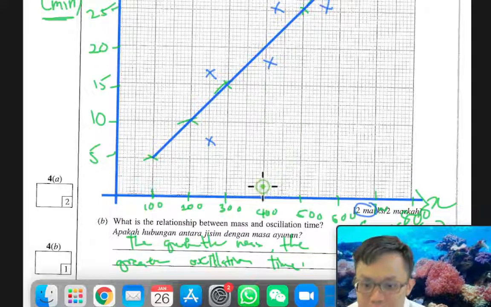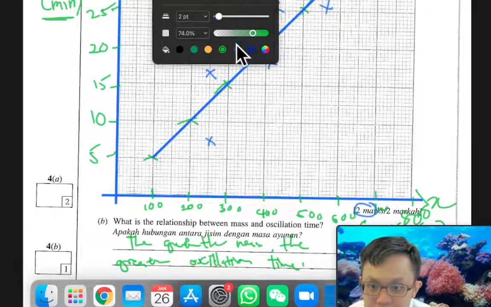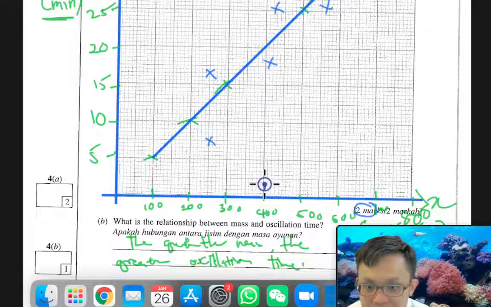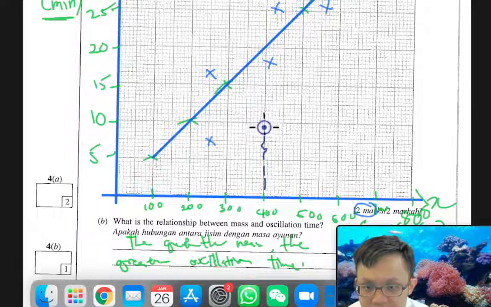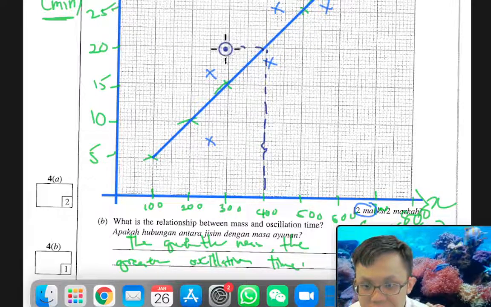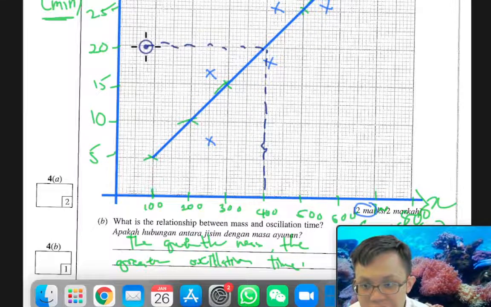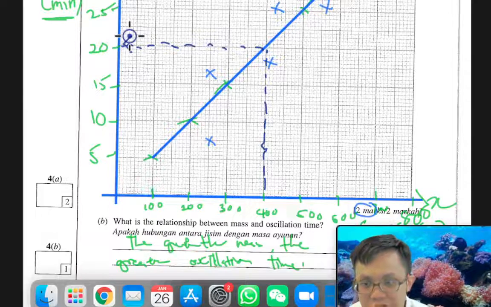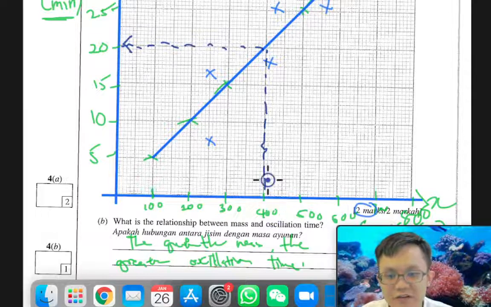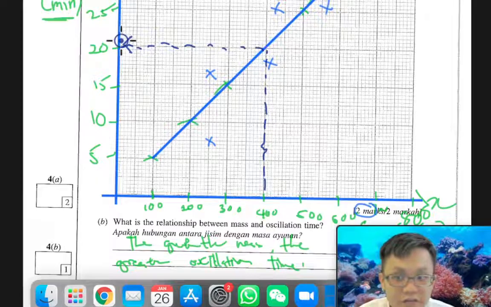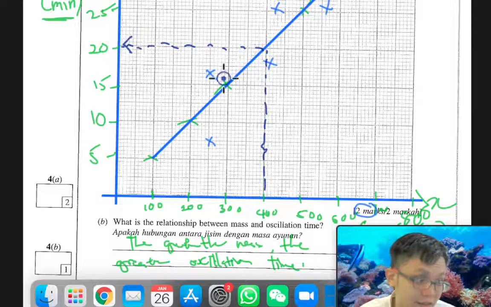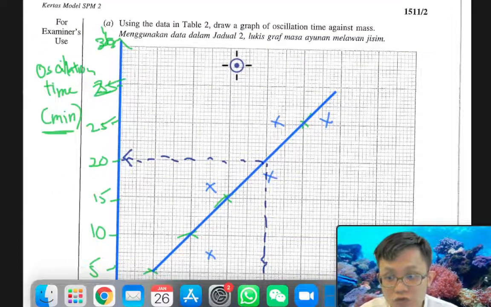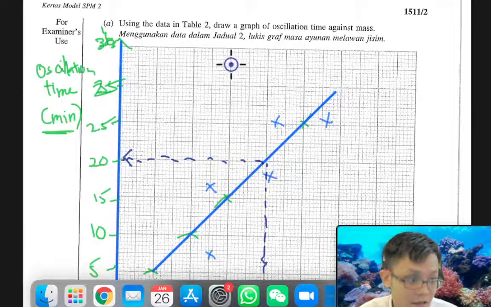We use 400. 20. So it will go to here. Up to you if you want to draw an arrow here. So it will be 400, go up, go left. You will get 20 what? Minute or second?